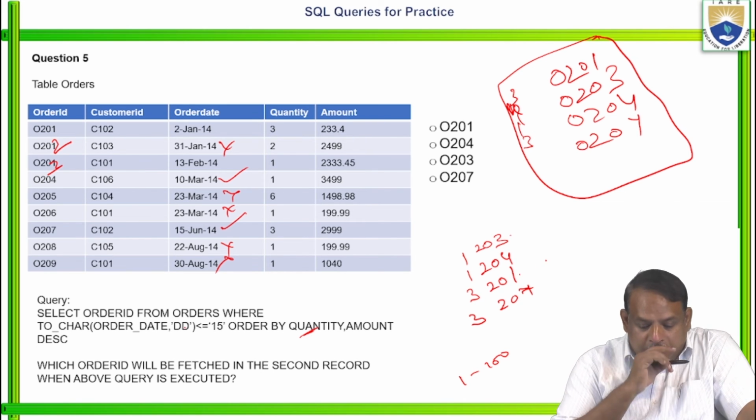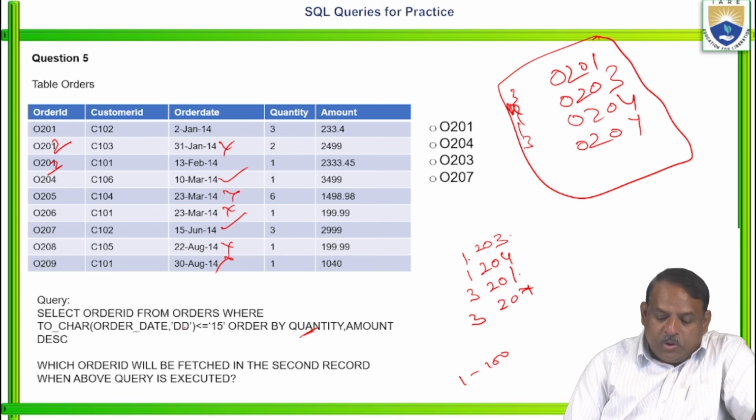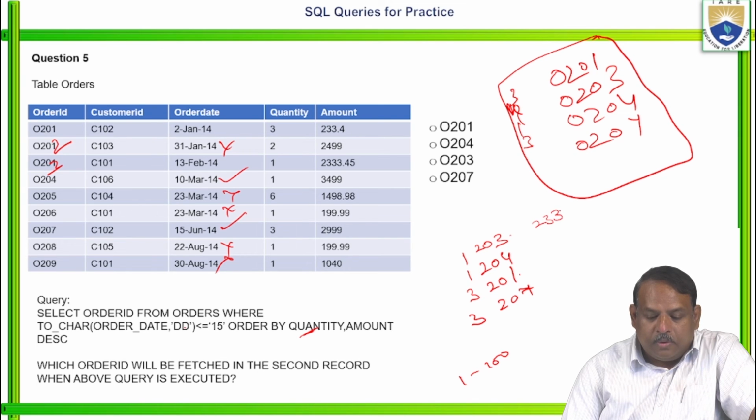Now amount in the descending. Here you have to do a double sort, because two values are the same, not unique. So amount descending. What is the amount for 203? 203 is 233.45. 204 is 3499.